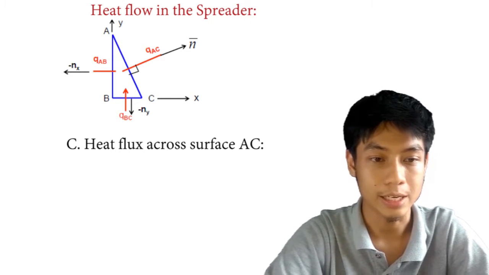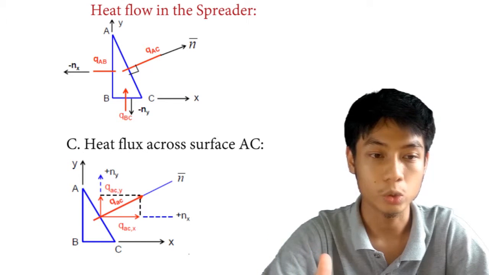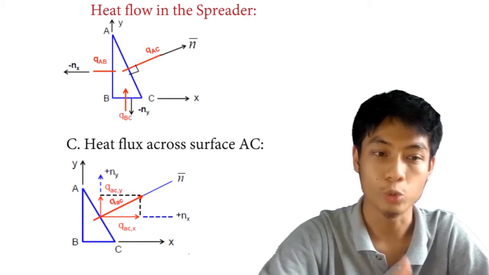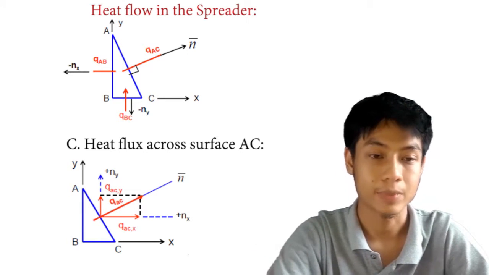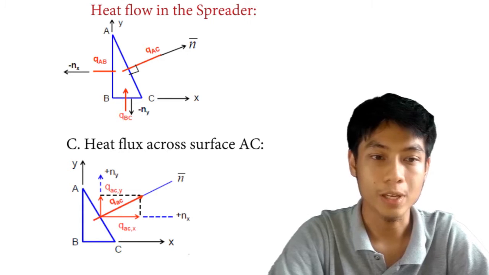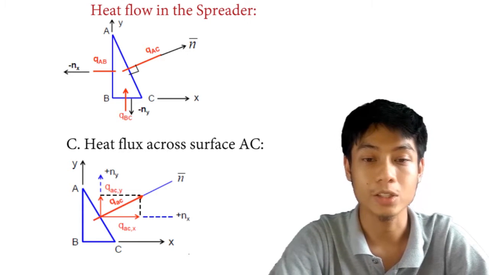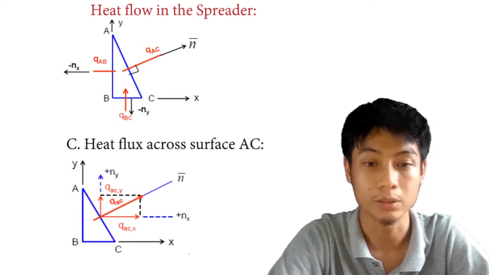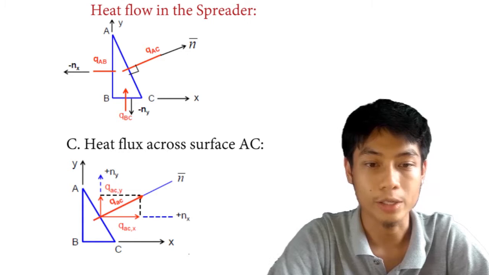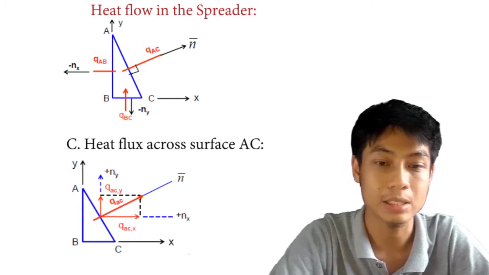You can see the diagram on the screen where we can see QACY, which is going upward, and QACX, which is going to the right side, and the magnitude of n. Based on the direction of the components of the heat flow and the upward normal, we recognize case 1 for both QACX and QACY.